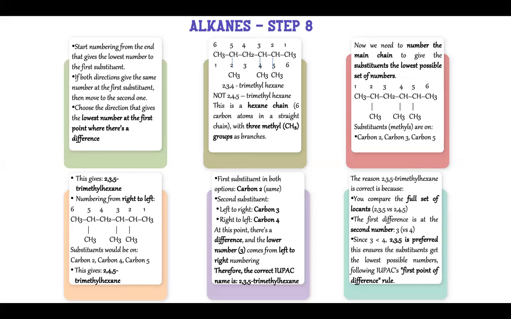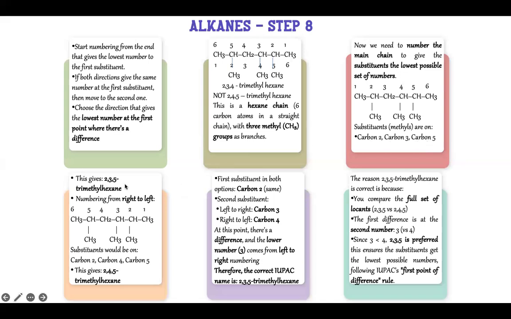Now we need to number the main chain to give the substituents the lowest possible set of numbers. Numbering from left to right, carbon 1 is CH3, carbon 2 is CH, carbon 3 is CH2, carbon 4 is CH, carbon 5 is CH, and carbon 6 is CH3. Carbon 2, carbon 4, and carbon 5 branch to CH3, so the methyls are on carbon 2, 4, and 5.